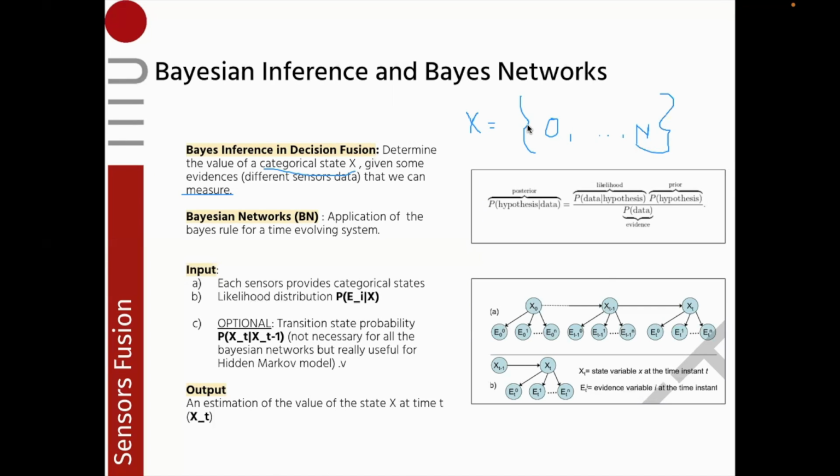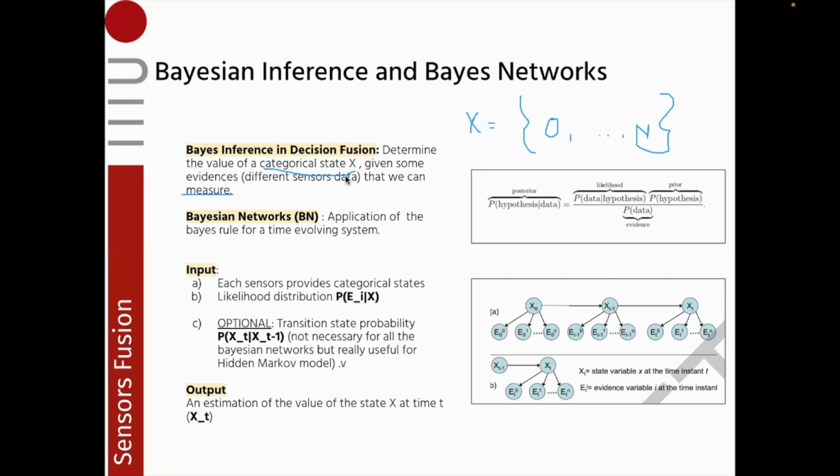Basically, as we said in the introduction, decision in mathematical terms means classification. So we want to know the state of a person. Is the person ill or is the person without any problem? Is the person running or is the person lying on a bed? So everything that can be categorized.